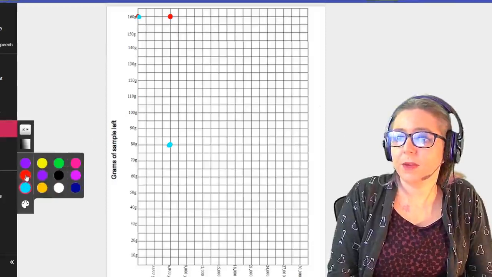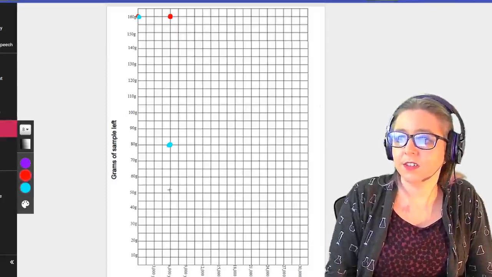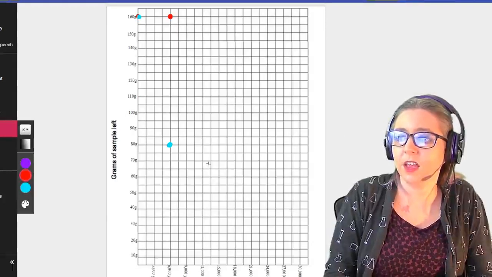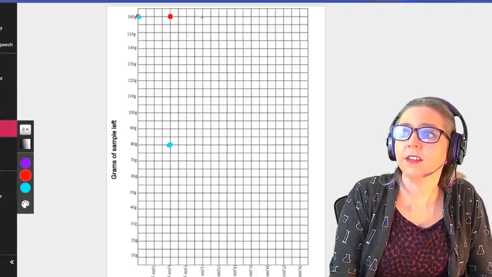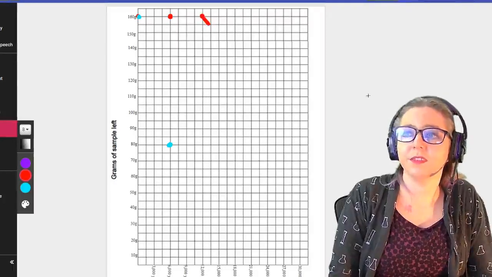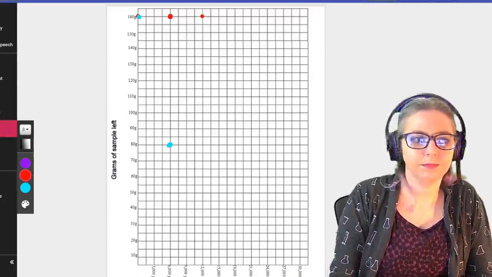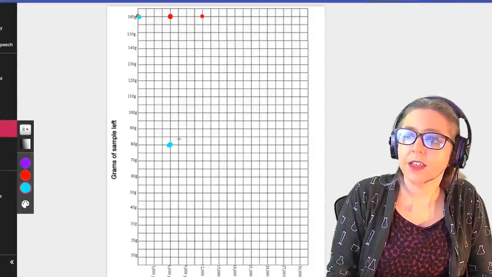Then we're going to jump ahead another 6,000 years. So after another 6,000 years have passed, now I'm at 12,000 years. My carbon-12 is still 160 grams. But my carbon-14 is unstable.